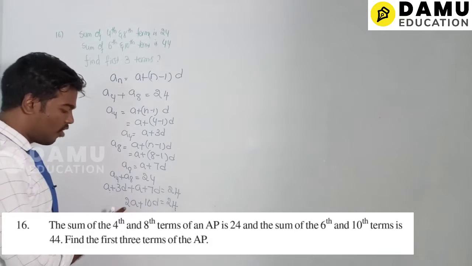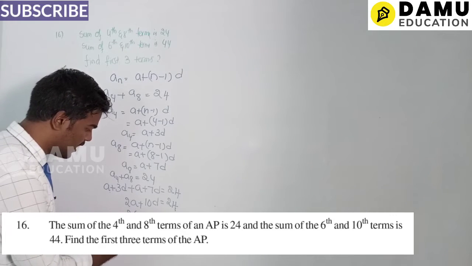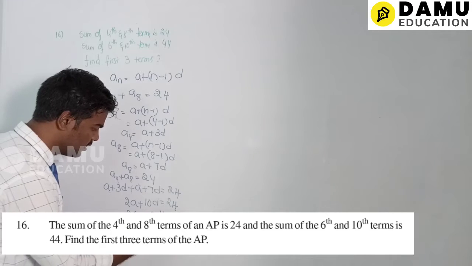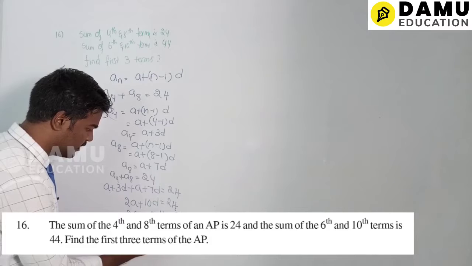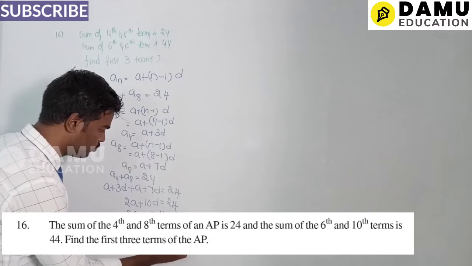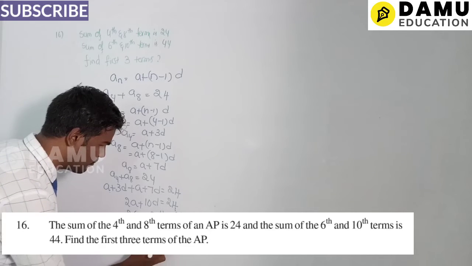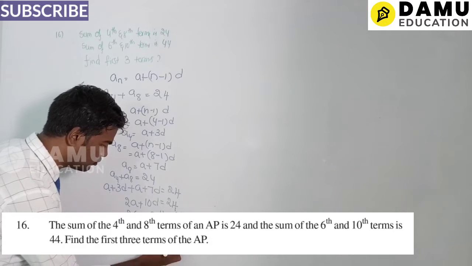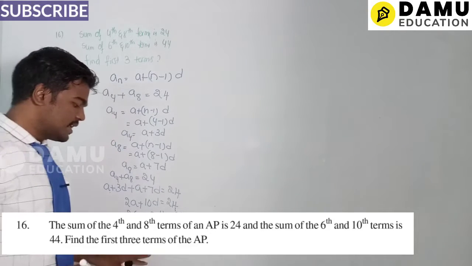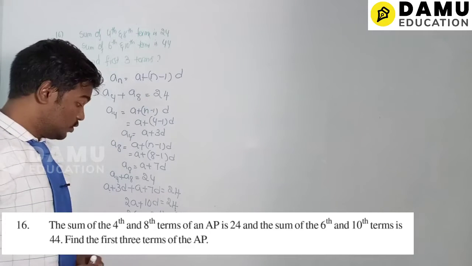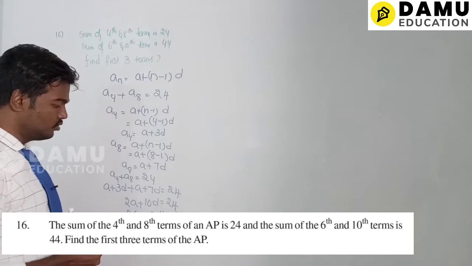You can take 2 common: A plus 5D will be equal to 24 by 2. Two 12s are 24. So this is equation 1: A plus 5D will be equal to 12.